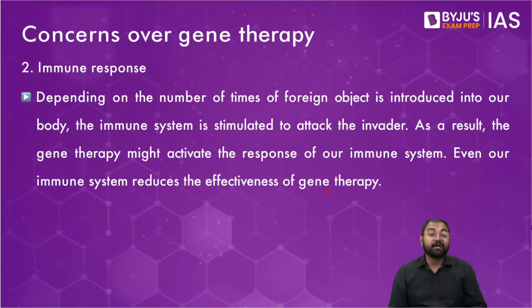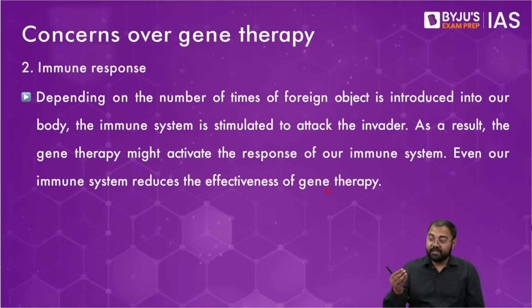Then again, we have the immune response sometimes. For our immune system, the world is very simple: anything that is foreign, anything that's not a part of the body, kill it, destroy it. So everything that is not a part of the body is an enemy. Whether it was a good gene or a bad gene, the immune system doesn't care. Many a times, not always, the immune system does not care. And if it just sees something new, it will try to destroy it.